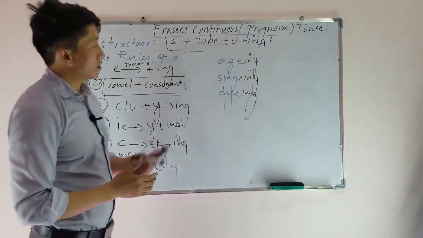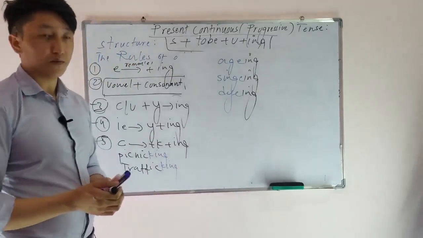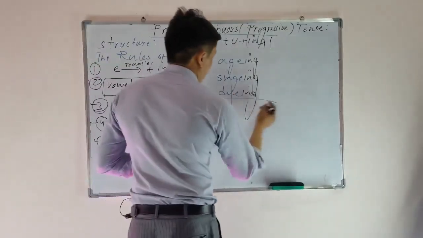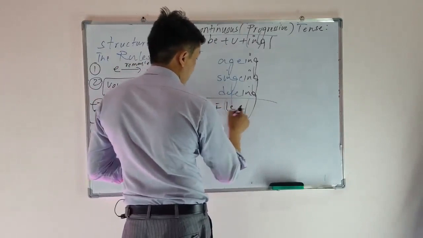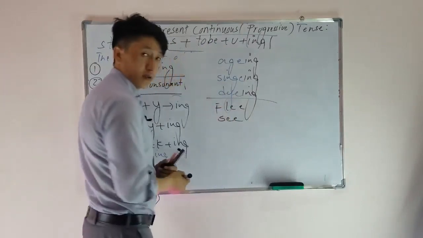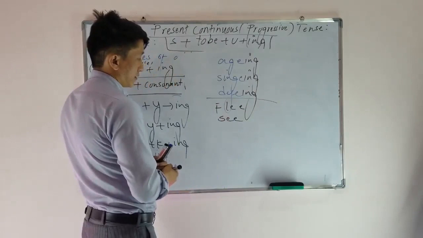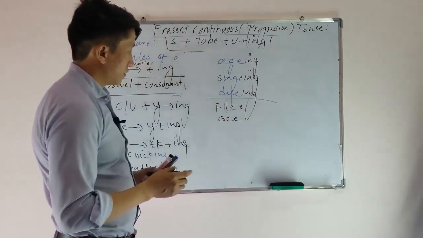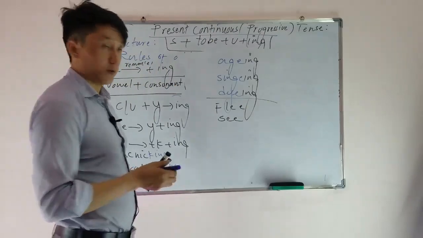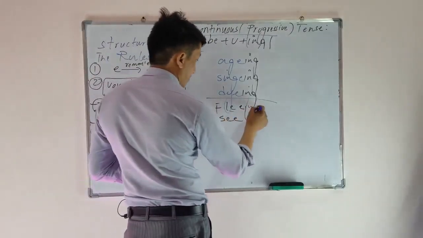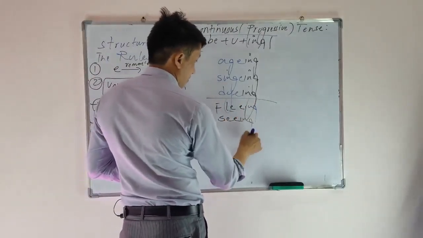Or sometimes when it finishes with double e, for example, we have flee, we have see. Here we just add ing. We don't remove it. For example, flee becomes fleeing, see becomes seeing.